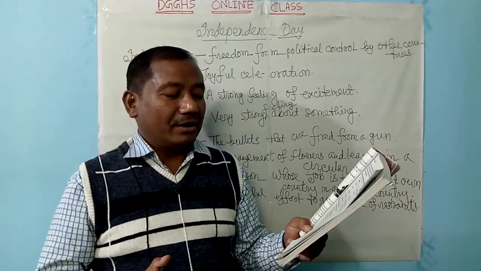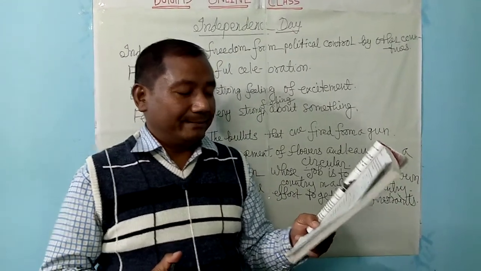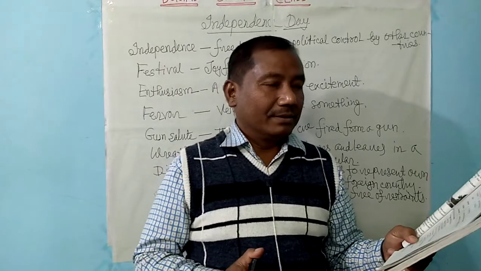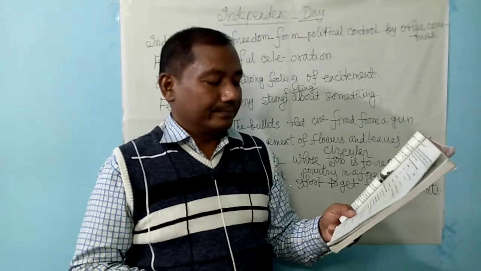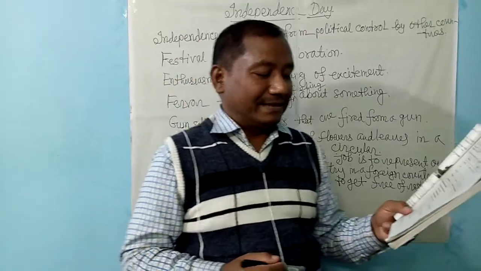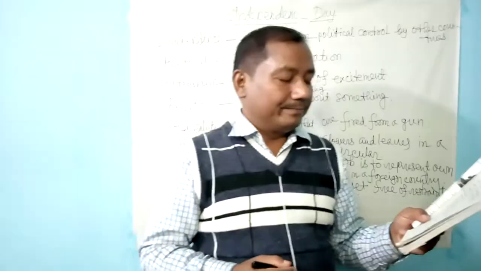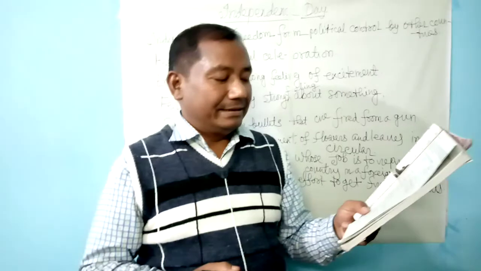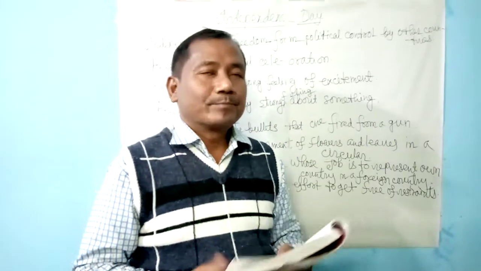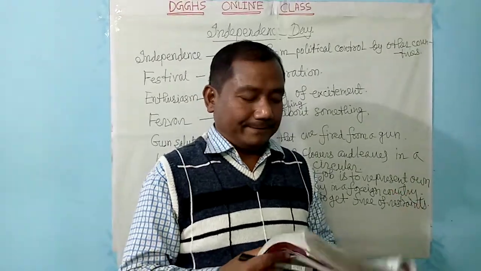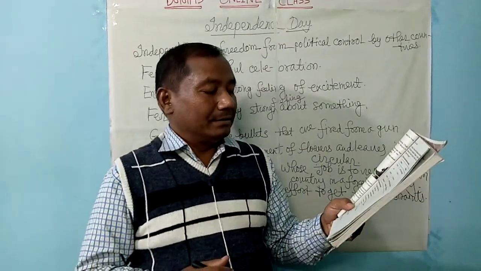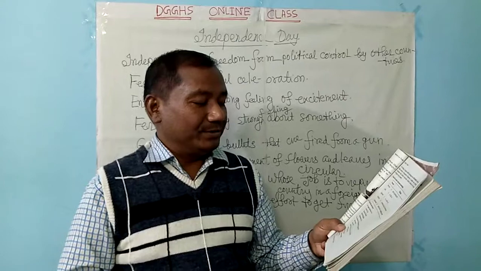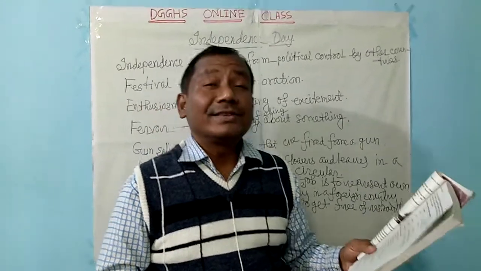Next, question two. The celebration of Independence Day begins with processions, gun salute, placing wreaths at the National Mausoleum, parade by defense forces. What you have found in the text? Yes. The celebration of Independence Day begins with gun salute.